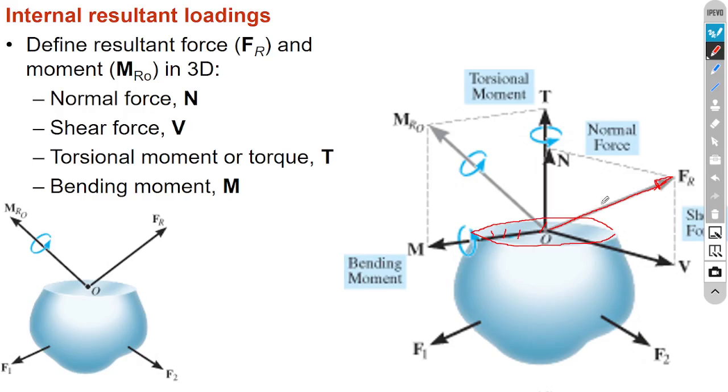That force is resolved into its normally directed component, this is the normally directed component, and the other component is the tangential component. Say that F sub n is the normal component, and this is F sub t.